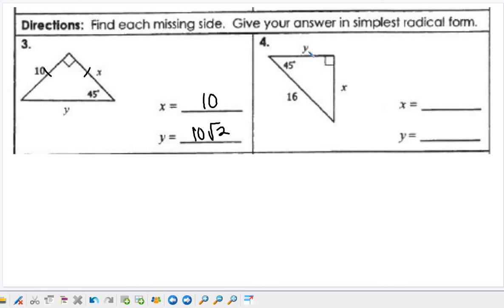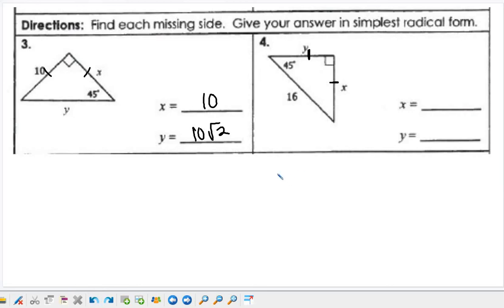So number 4, we know that our legs have to be the same. Now the problem is we have the hypotenuse. So we have to think, okay, what is the relationship between the hypotenuse and the leg? Well, let me say this another way first.